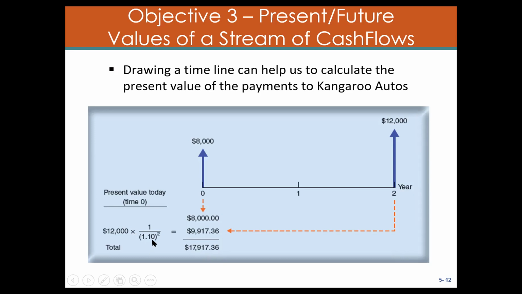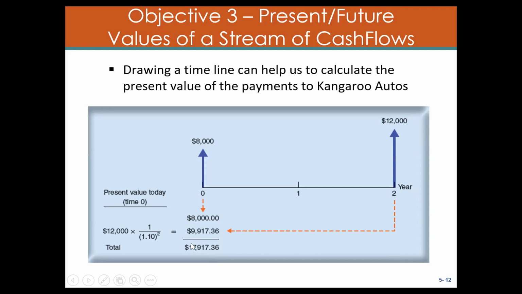So here you're getting $12,000 at the end of year 2, and the interest rate is 10%. So my discount factor becomes 1 divided by 1.1 to the power 2. I divide 12,000 by 1.1 to the power 2, and I get the present value of this $12,000 today as $9,917.36. So if I add them all up, my total value is $17,917.36.